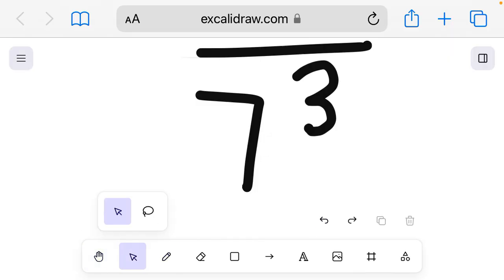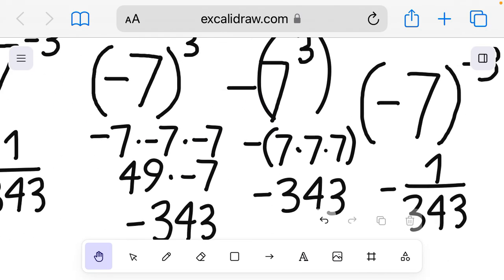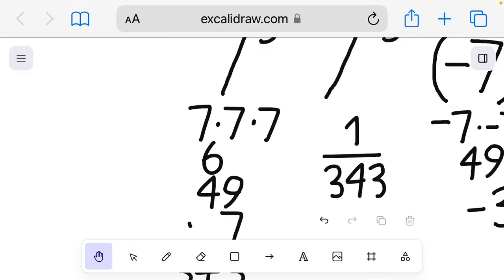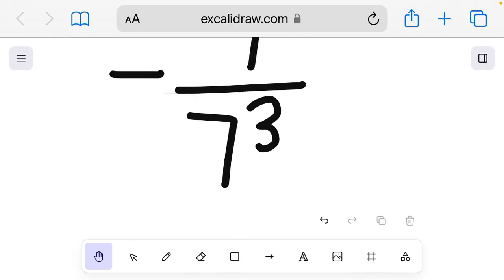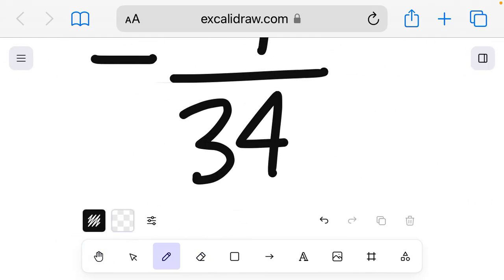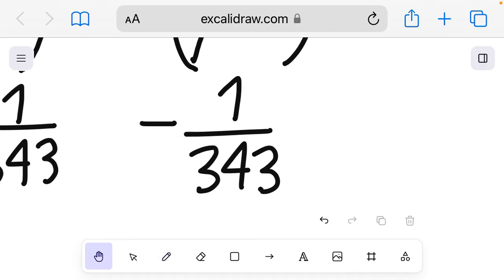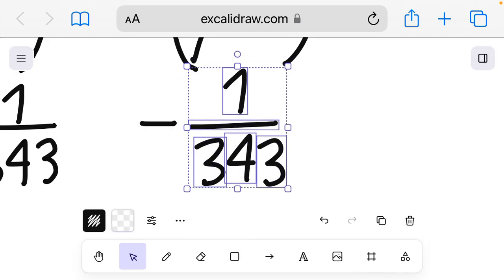We have 7 cubed again, but you already know what it is. It's 343. So you write 343 here. So that's the answer. Again, it's the same one: negative 1 over 343.